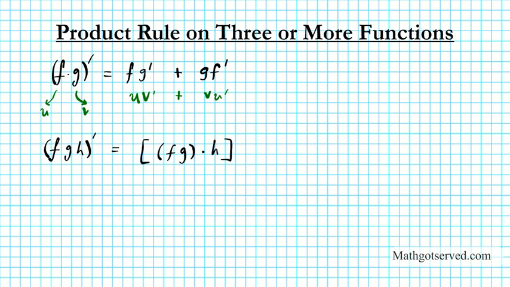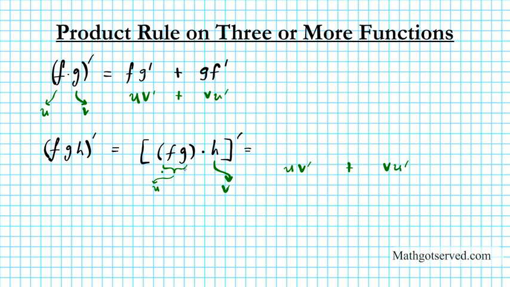Now with this method of grouping, I'm going to call the first two functions together, these two, u, and then I'm going to call this function v, okay? And I'm going to apply the product rule, the one we're all familiar with, to this scenario, okay? If I apply the product rule, it's going to be u v prime plus v u prime, right?